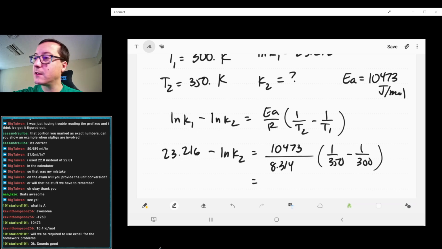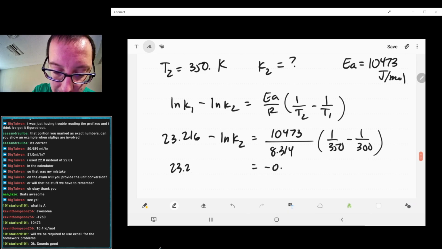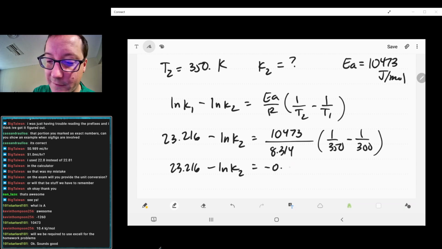But let's go ahead and do that. So 10,473 divided by 8.314 times 1 over 350 minus 1 over 300. Hopefully this one I can do correctly. Yes, I got something reasonable for once. 0.5998, 5, let's say.